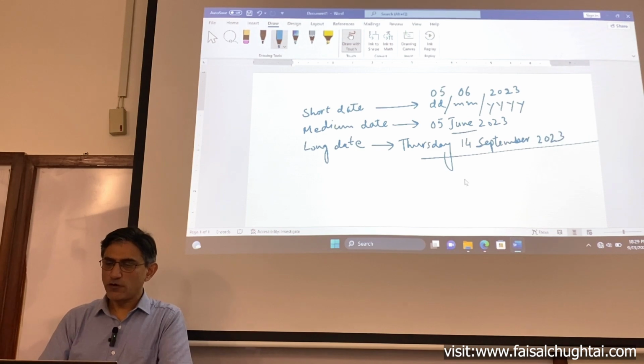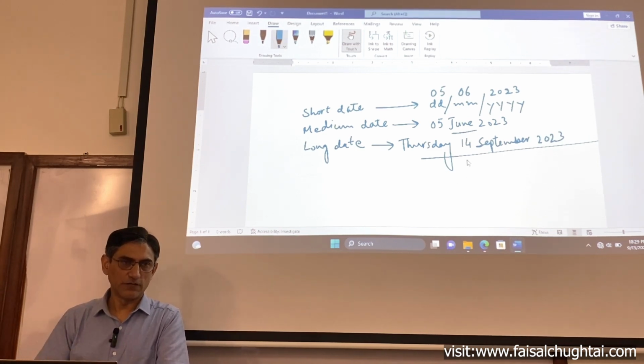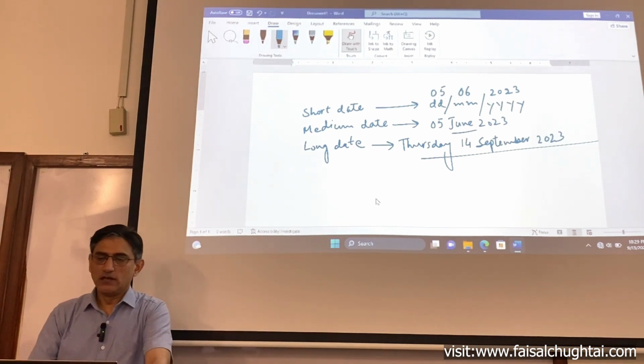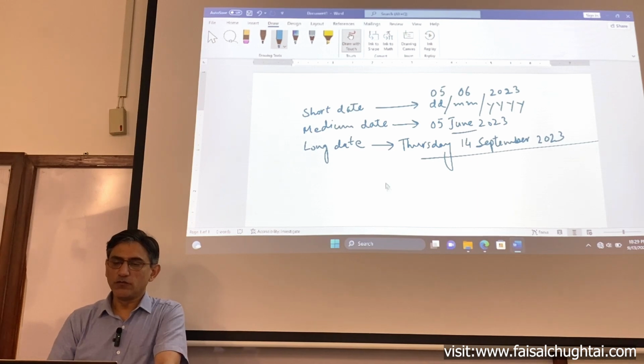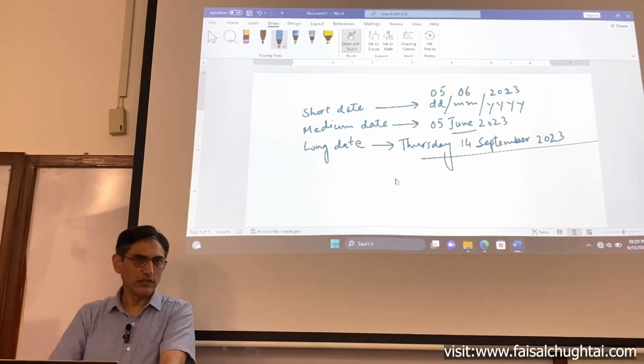Now within these formats as well, you might write these dates a little differently. For example, when it comes to the short date format, one thing which is important from the viewpoint of your course is that different short date formats are considered a standard in different parts of the world.